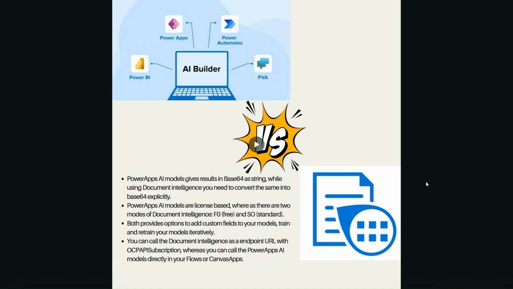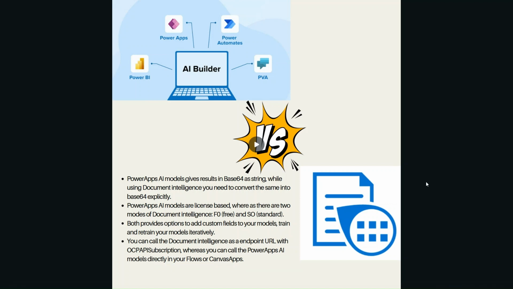The Power Apps AI Builder gives results in base 64 string, as we will see soon. While if you're using Document Intelligence, you need to convert the result into base 64 explicitly. If you don't, you might not be able to use the result.